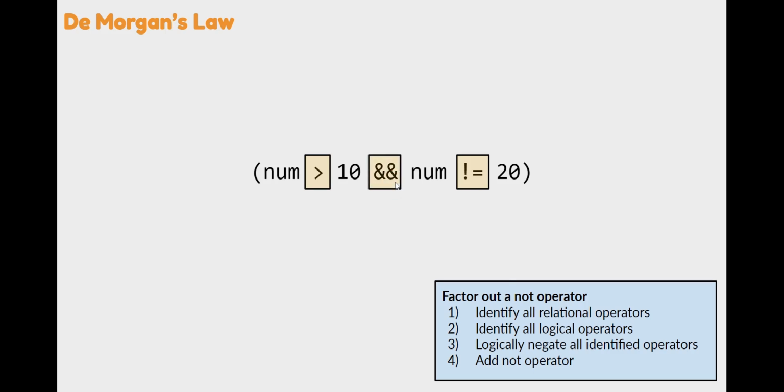We have the and operator, and we still logically negate all of those operators. Greater than becomes less than or equal to, and becomes or, not equal to becomes equal to. The one step that differs is now we write that not operator outside of the parentheses. And now we have just created two equivalent Boolean expressions.